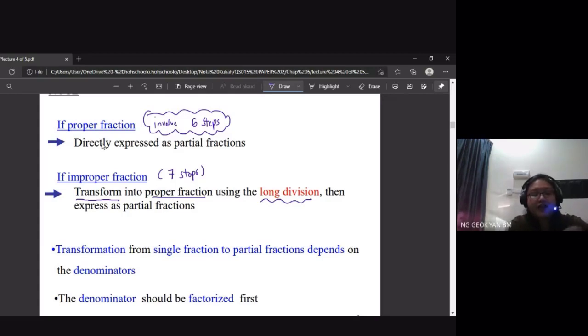So it means dia ada extra 1 step iaitu bermulakan penyelesaian dengan long division anda dah belajar sebelum ini. Yang penting ialah ini, sila highlightkan ini. Transformation from single fraction to partial fraction, everything depends on the denominator. And the denominator should be factorized first. So this is something that you have to clear.